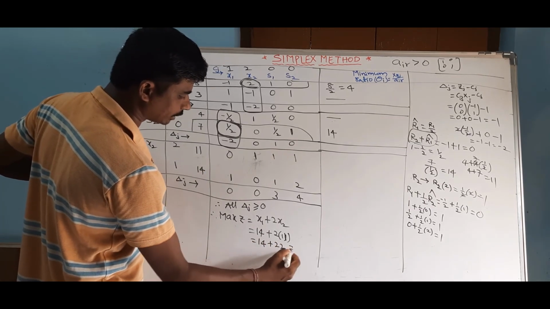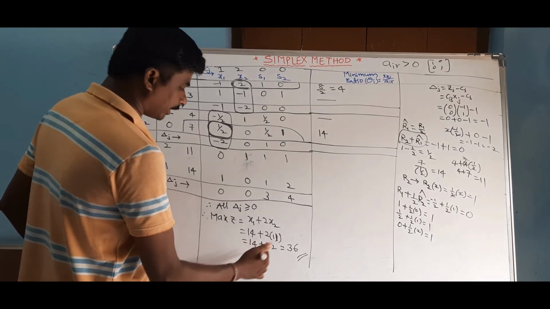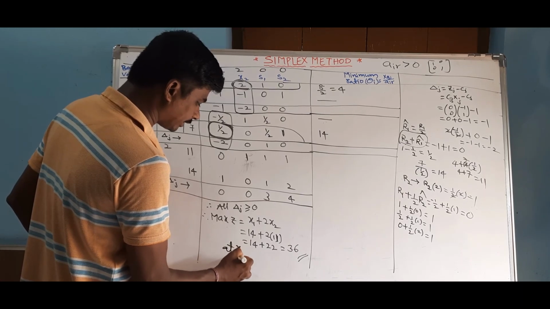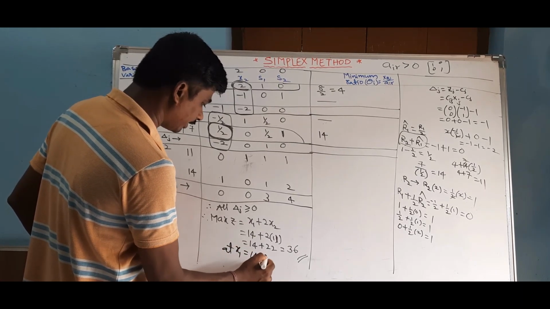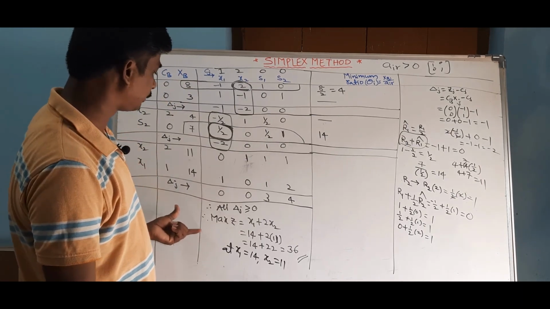Now see here, what is that? 36. See, max z equals 36 at x1 equals 14, x2 equals 11. Okay, this is the simplex method table.